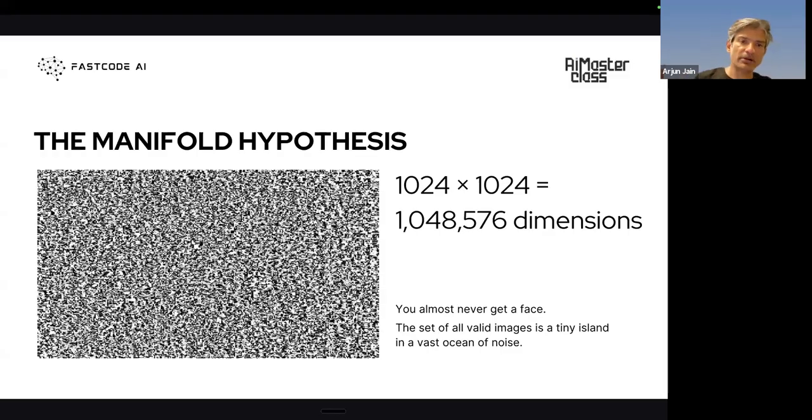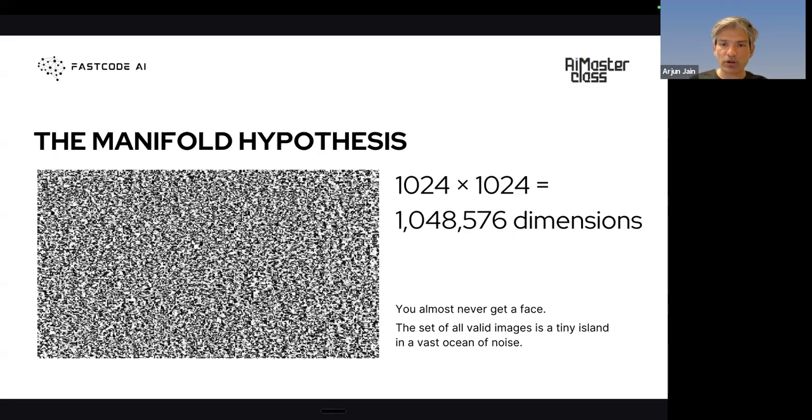And if we sample random pixels in this number of dimensions, you will almost never, to be mathematically correct, really get a face, right? If you do get a face, that's a matter of a huge probability game, like 1 out of 1 million. So this must be worth something then.